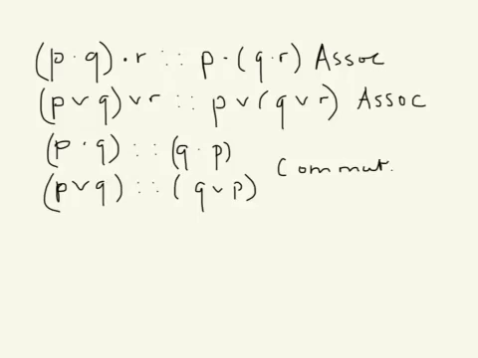Now, using these four rules, we are able to reorganize long sentences that have these connectives, disjunction or conjunction, in them. In your handout, you'll find an example. So in the handout, the example you have is like this.